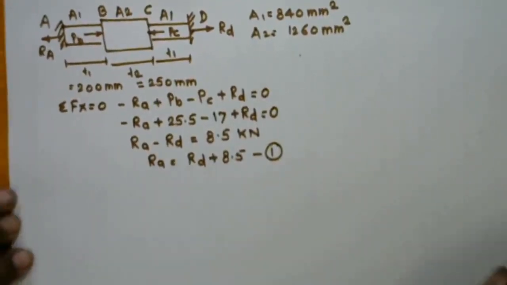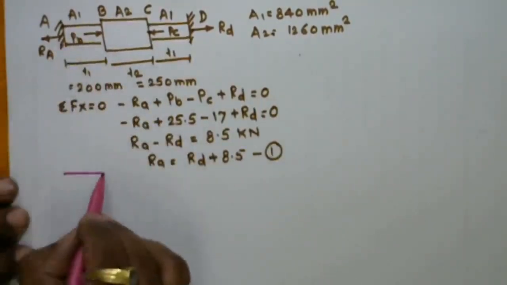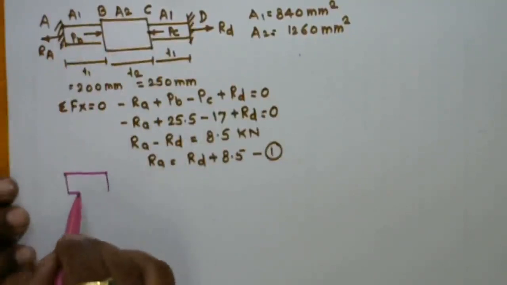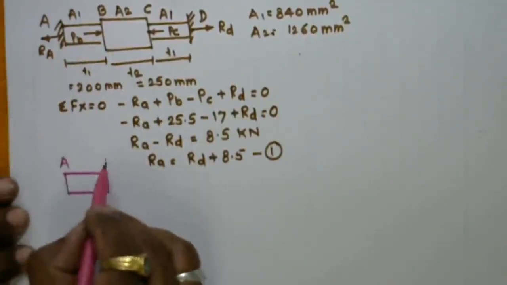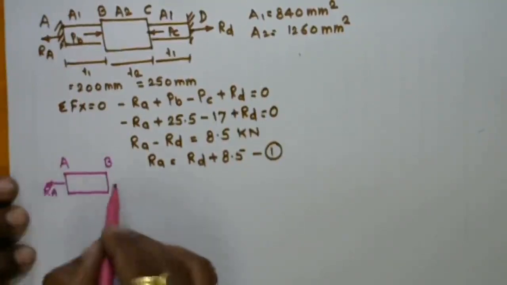Similarly, if I say here section 1, that is the section AB, RA is acting.